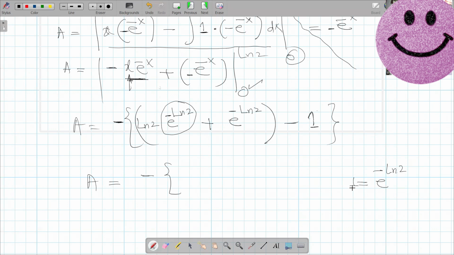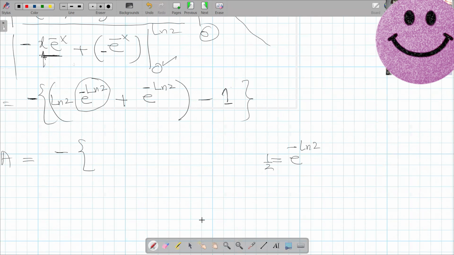This will give you 1 over 2, because the negative sign gives the inverse using the power rule. E to the power log of 2 inverse. So the log and anti-log will be cancelled, and we will get 2 inverse, which means 1 over 2. Is this fine?